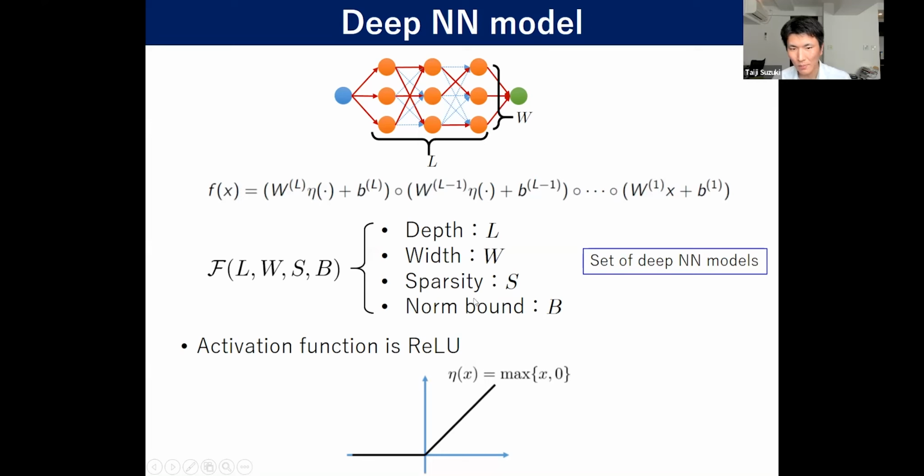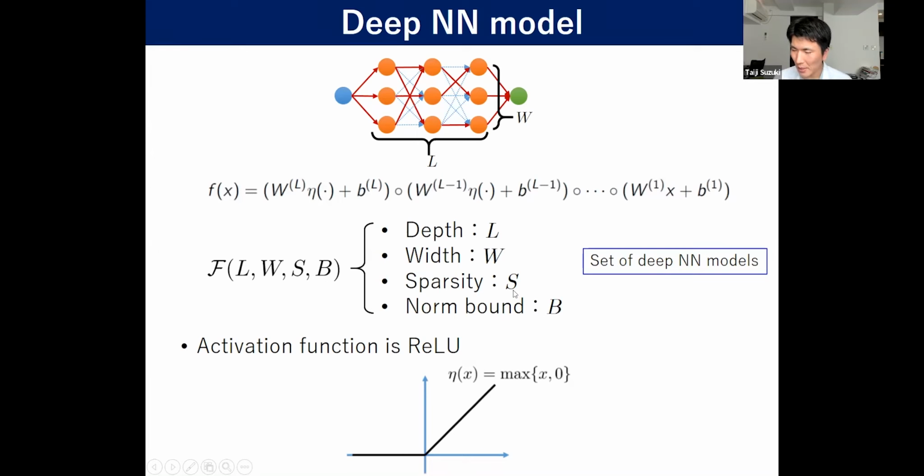Here I explain it in more detail. We consider a sparse neural network where the number of non-zero parameters in the network is bounded by S. So many weight matrix entries, many edges, are zero. The number of non-zero edges is bounded by S. So we consider this kind of setting.